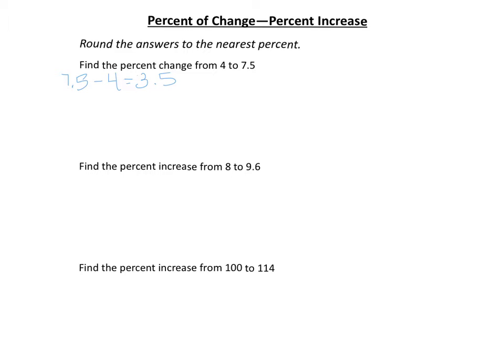Now, even though this one says find the percent change, we know it's a percent increase because we started at 4 and we went up to 7.5. Most students think that if it says increase, you have to add, and you don't. What we are wanting to know is how much did it change. So this is going to be the amount it changed.